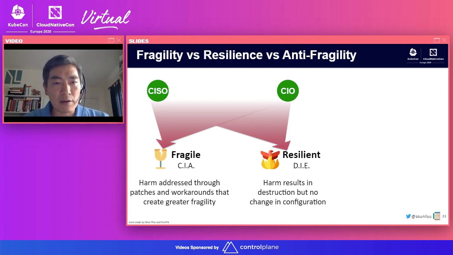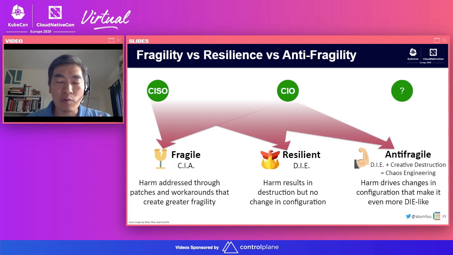But I think there's another option that's even better. And the third option is when something can become antifragile. And antifragile is what I would say is a combination of DIE plus the process of creative destruction, which is really embodied in this notion that we have around chaos engineering, where we go in and shake the system to find places where we find pets.